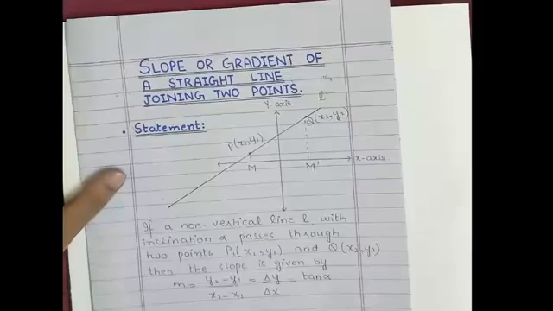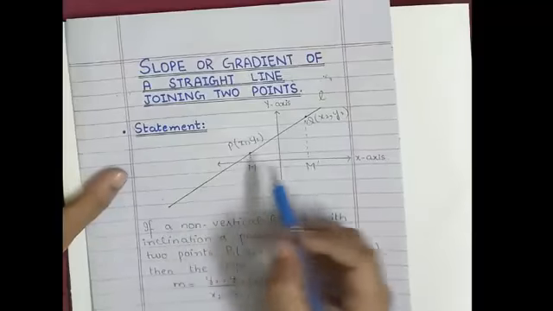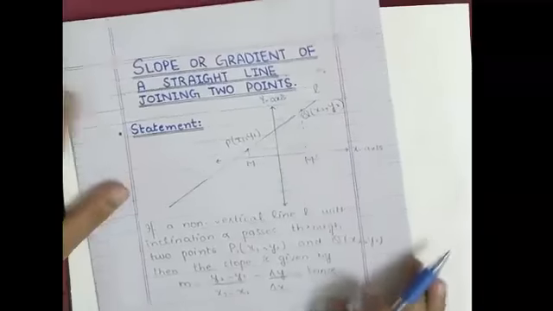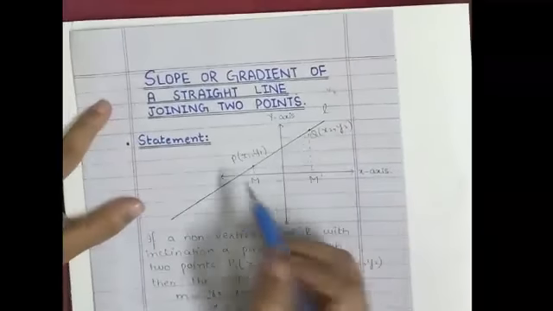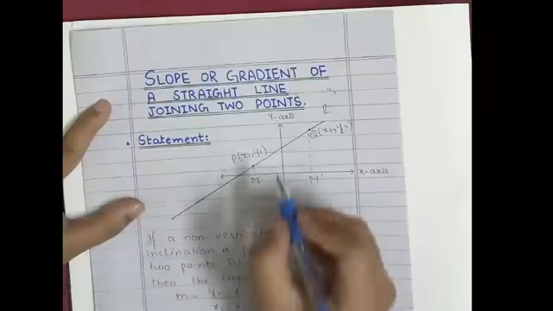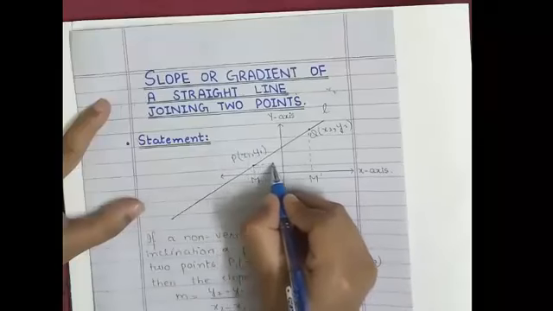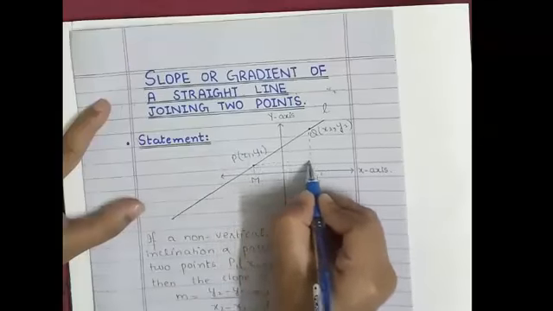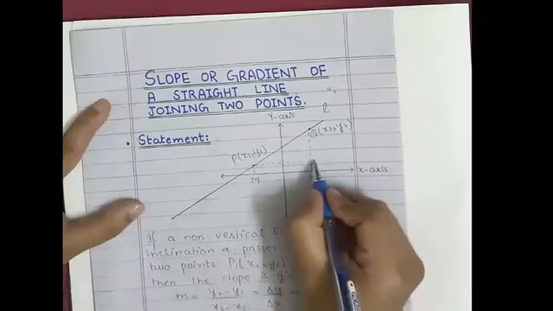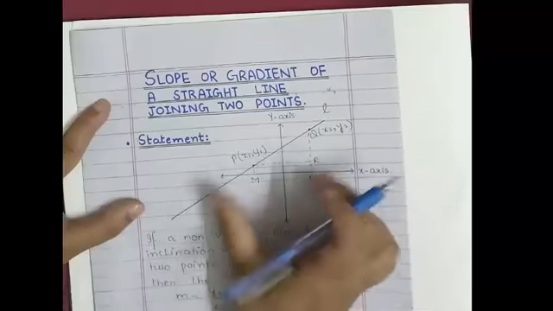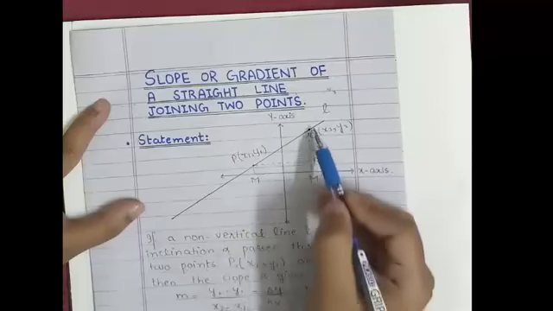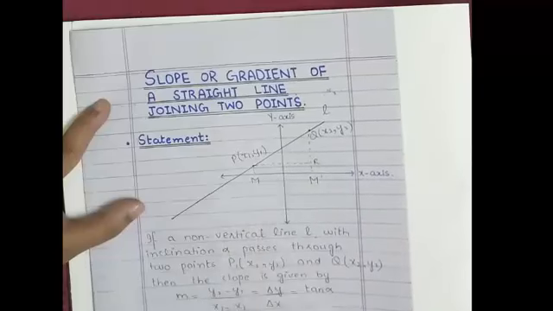Now draw a perpendicular PR on this QM dash. This is QM dash, so its perpendicular must be in this direction. So this is P and this is R.